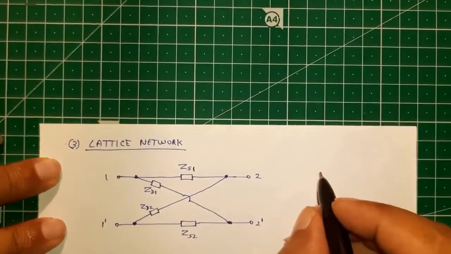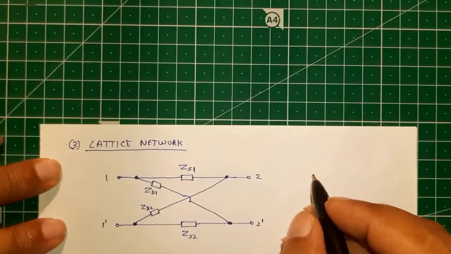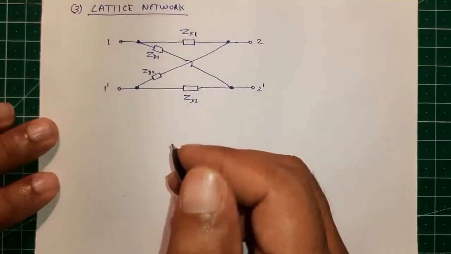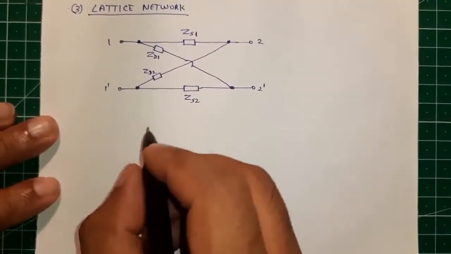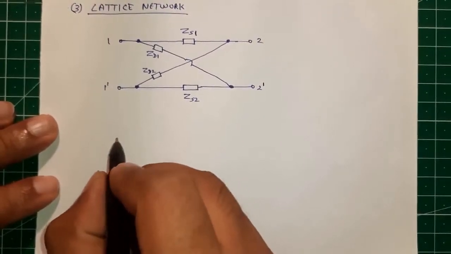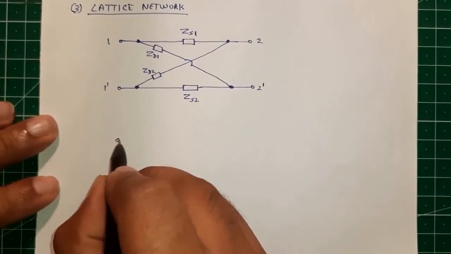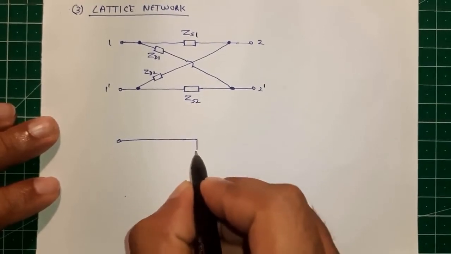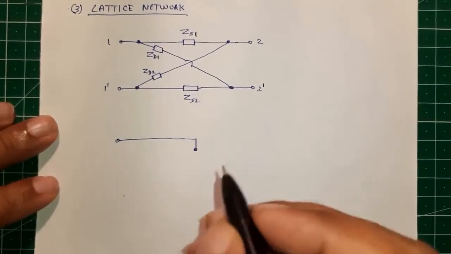So when will this network become symmetrical? We can answer this question after we draw an equivalent network for this lattice network.